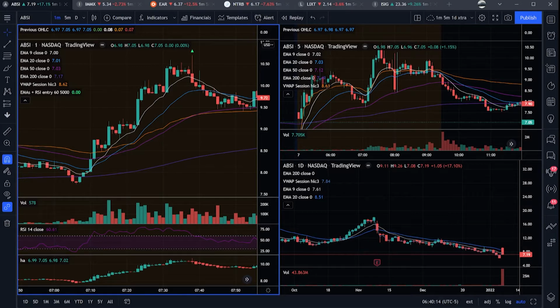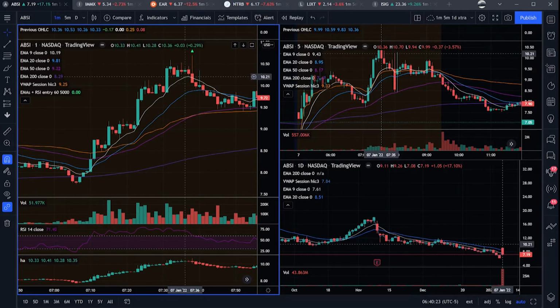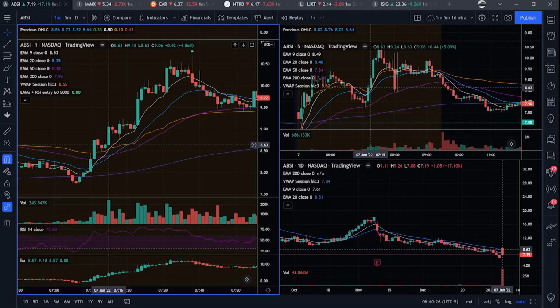So let's start. First of all, what is a setup? A setup is basically a condition that you can see on a stock chart that presents some kind of features that are often repeated.